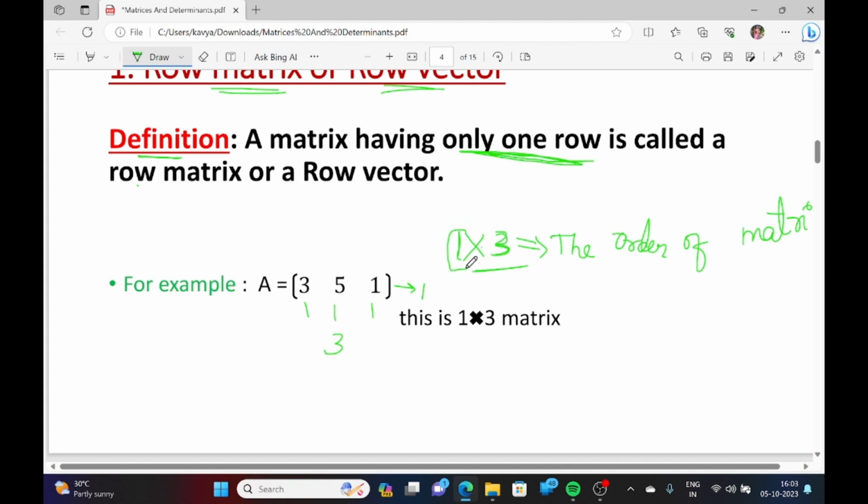So whenever we have only one row, it is called a row matrix. For example, 1 cross 4, 1 cross 5, 1 cross 7. These are all examples of row matrices.